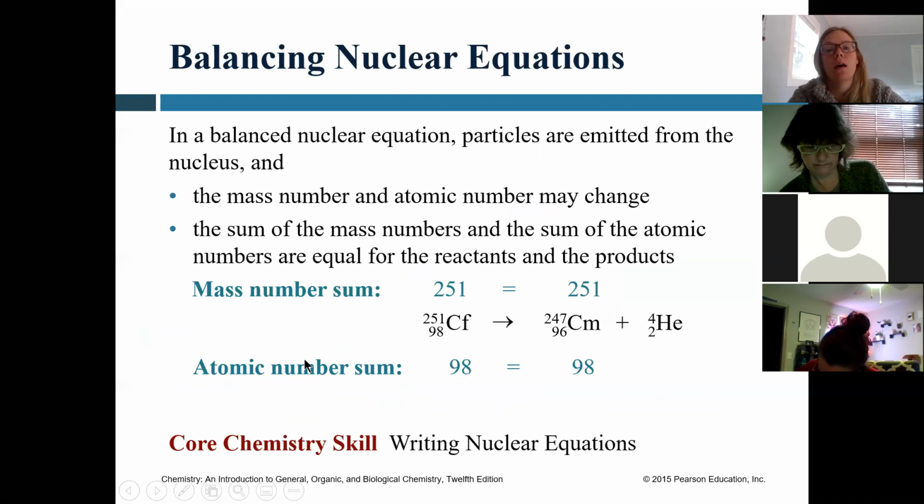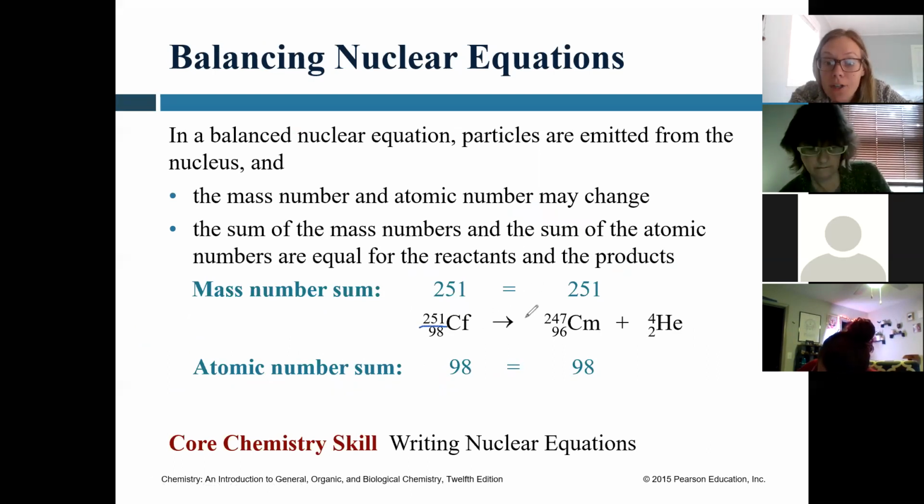So here's another one. In a balanced nuclear equation, again, particles are emitted from the nucleus. The mass number and the atomic number may change, but the sums of them need to equal each other. So my mass number up on top here, I've got Cf, and it's going to decay to Cm and an alpha particle. My Cf has a total mass of 251.